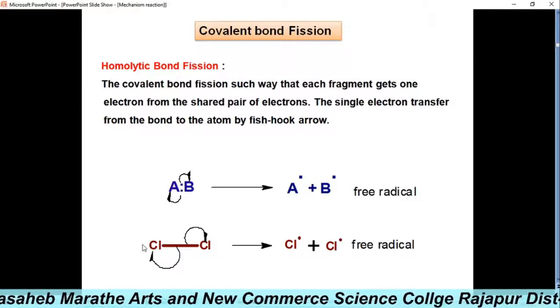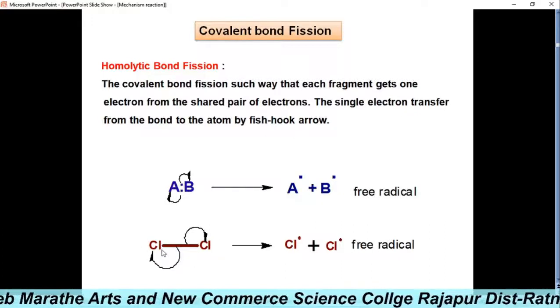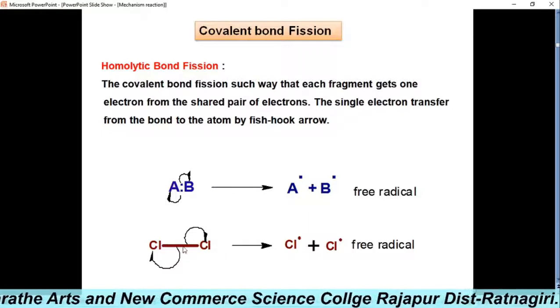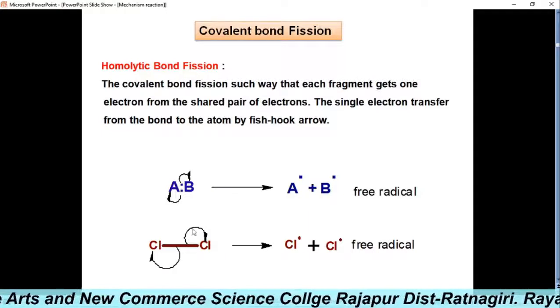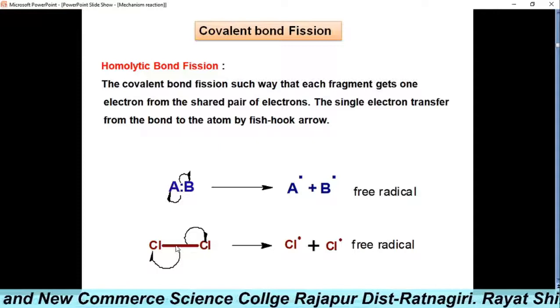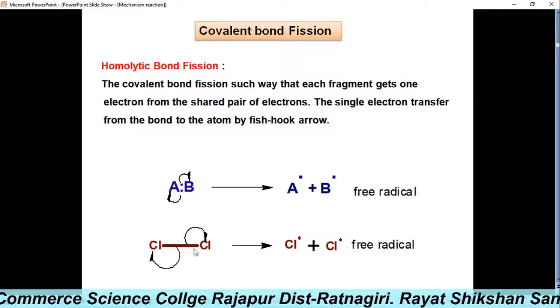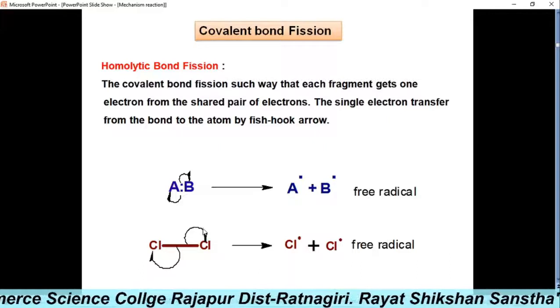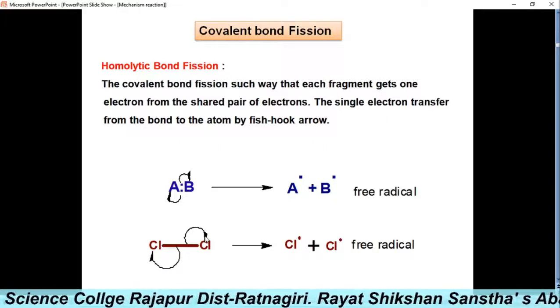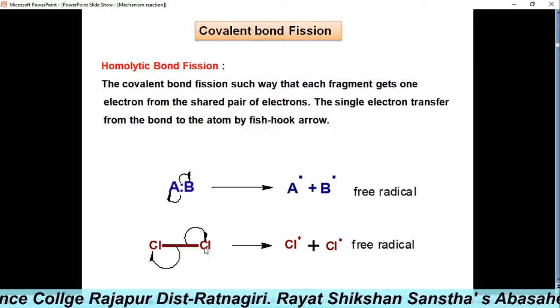Another example is Cl2. The bond breaks in such a way that one electron goes to one Cl and the other electron goes to the other Cl.